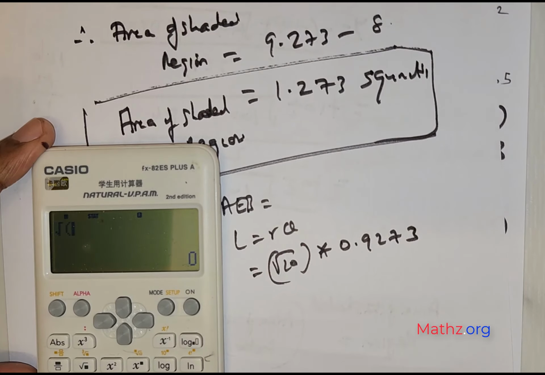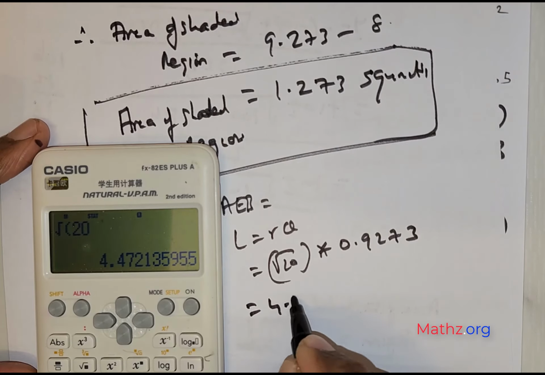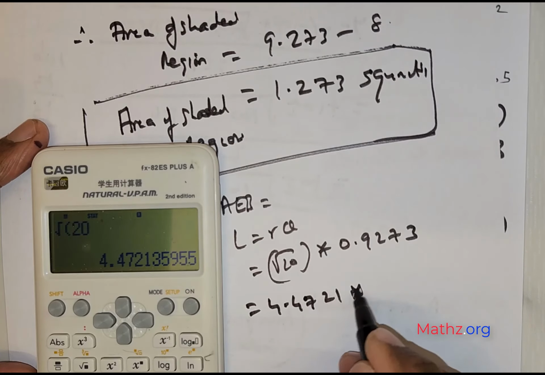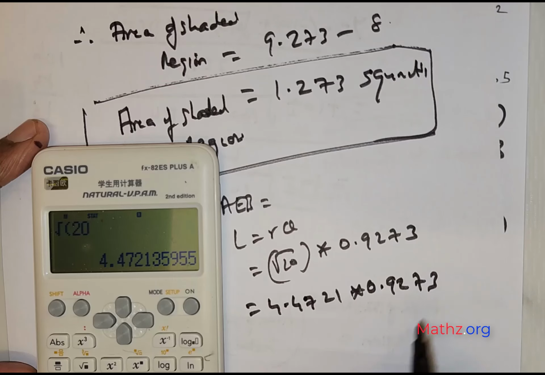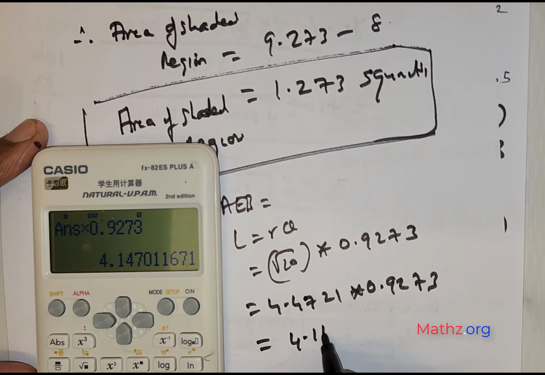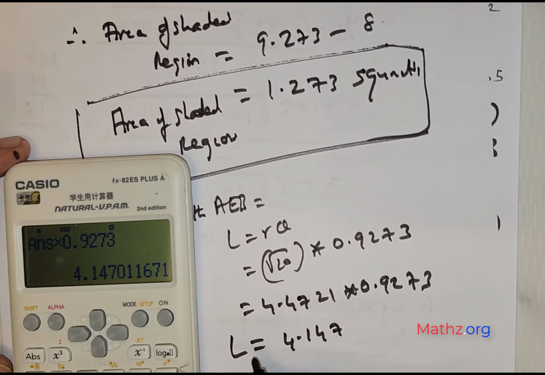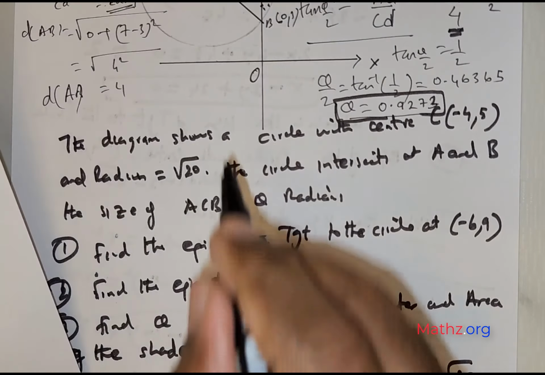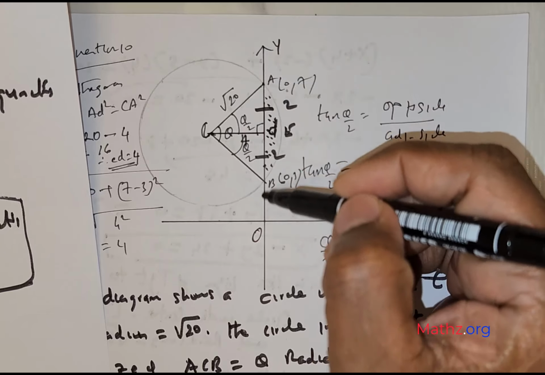So use the calculator. You have to take the square root of 20. That's 4.4721. This multiplied with 0.9273 is going to be 4.147. Okay, so this is the arc length. Now we got the arc length and we have to add AB.